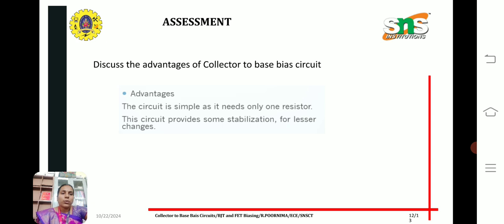The circuit provides some stabilization for lesser changes in the parameters of a transistor like beta and the base emitter voltage. When we consider stabilizing the bias circuit, we will add a diode circuit or a thermistor or sensor circuit, which we will discuss in the next lecture.